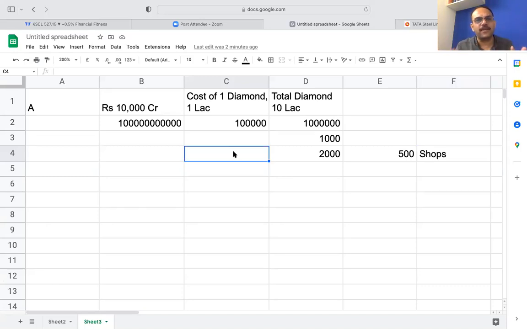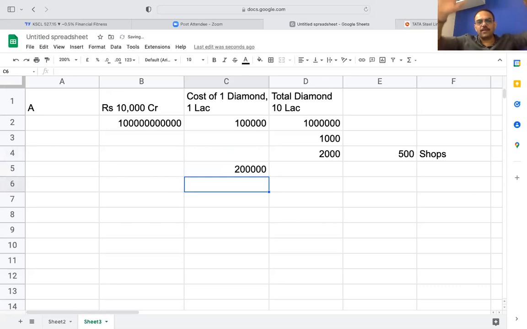They might not be aware that the government is banning the import of diamonds, or some mine is having a problem. But if this fellow goes and says, give me all your diamonds, the news will spread, and the price will go up and up. It may go to 2 lakh also.